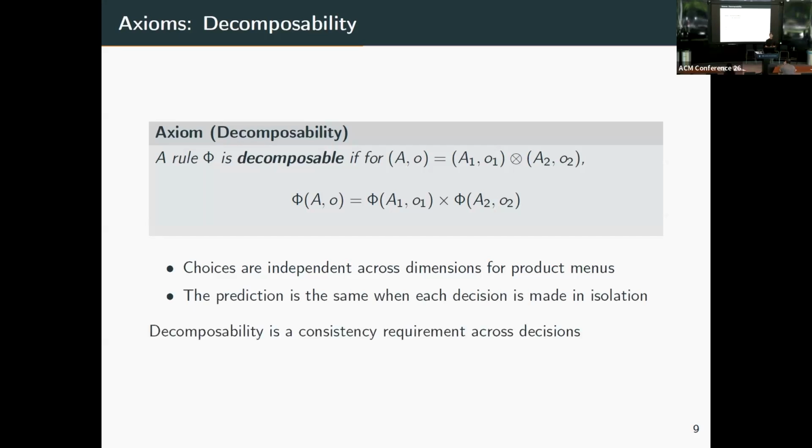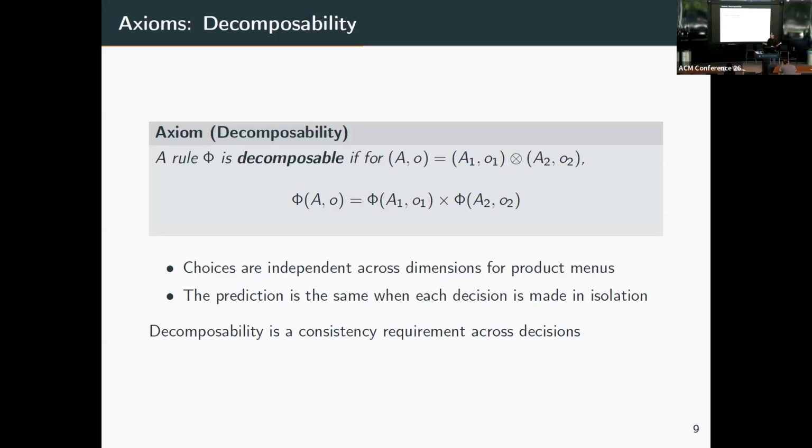You can think of decomposability as a certain consistency requirement on the behavior of a choice rule across menus. The interpretation that I particularly like is the following. Imagine that we run a lab experiment and we are interested in agents' behavior only in the first menu, A1.